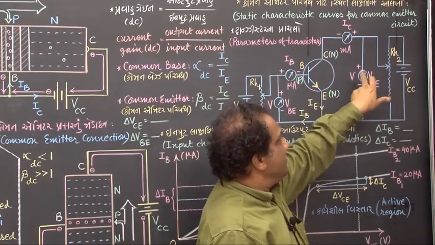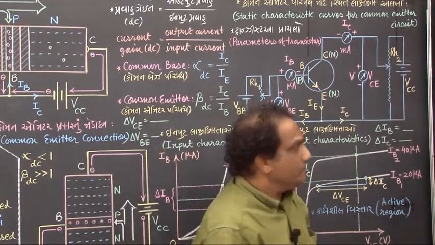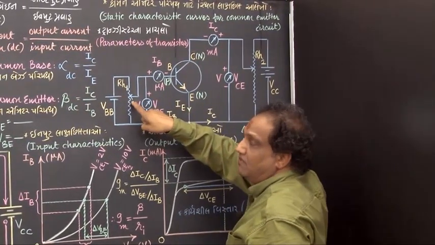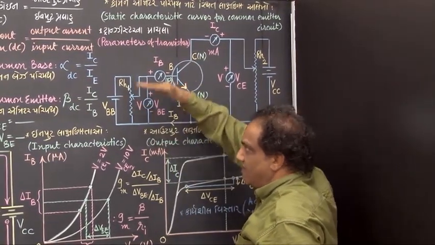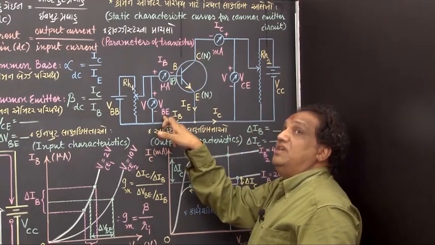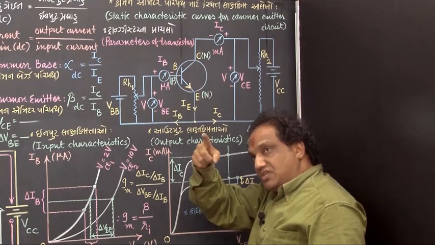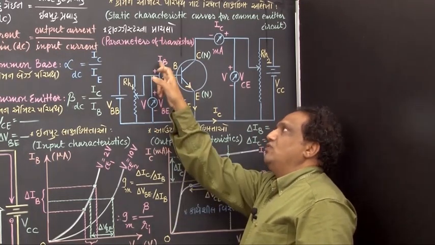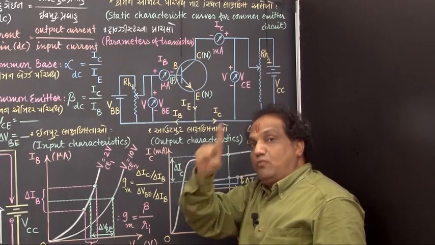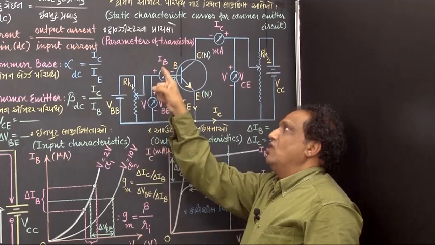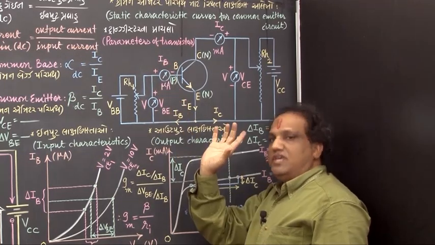Then this will be held constant at 2 volt. Then you should change the position of this slider terminal of the rheostat. When you change it, VBE, that is input voltage, will change, and for different values of input voltage, you must note down the corresponding values of input current IB practically. From the observations you can plot the graph of IB versus VBE.